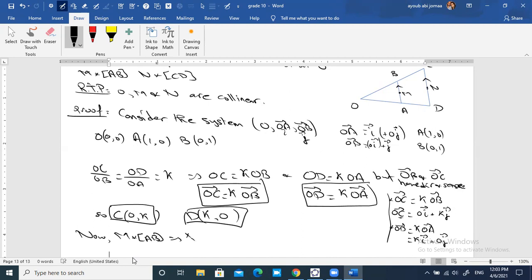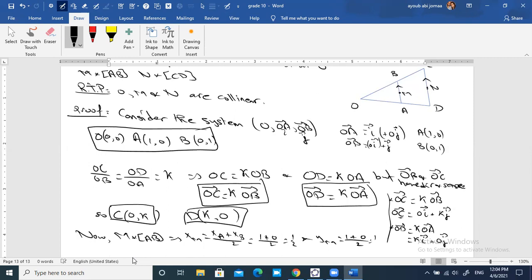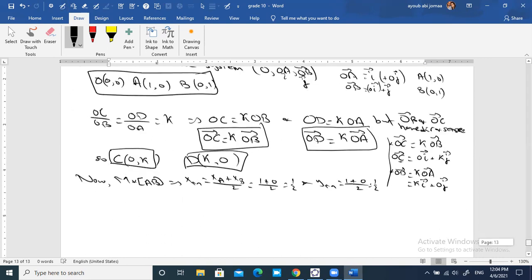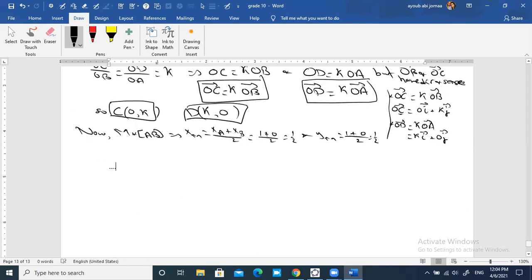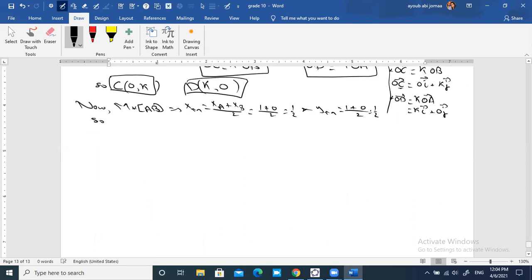This means that XM is equal to XA plus XB over 2, which is 1 plus 0 divided by 2, which is 1 over 2. And y of M is 1 plus 0 divided by 2, which is 1 over 2. So M has coordinates 1 over 2, 1 over 2.